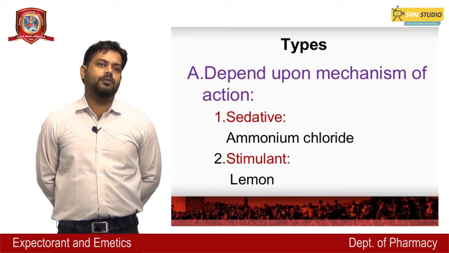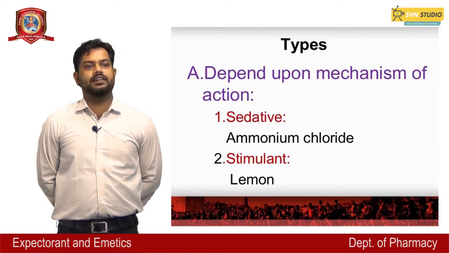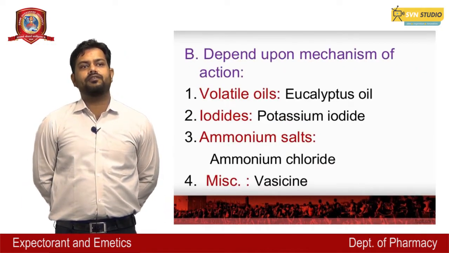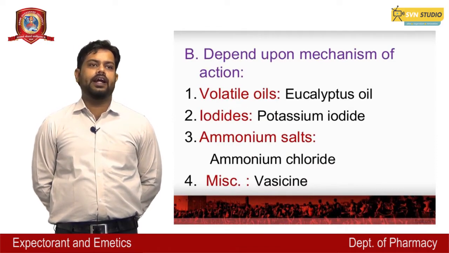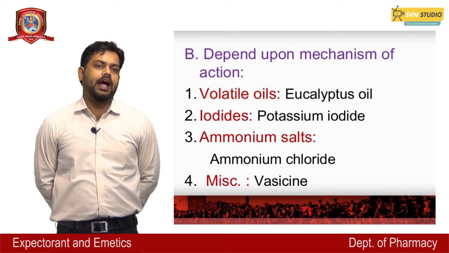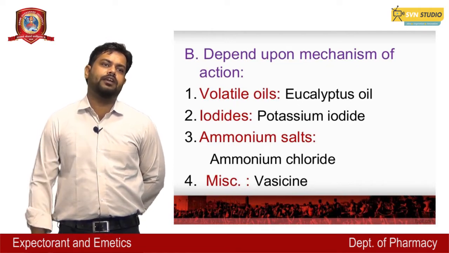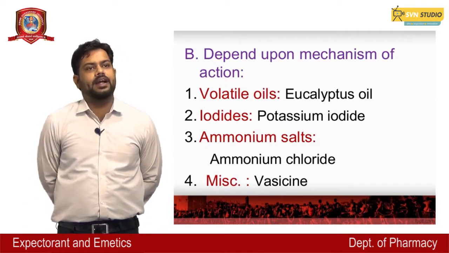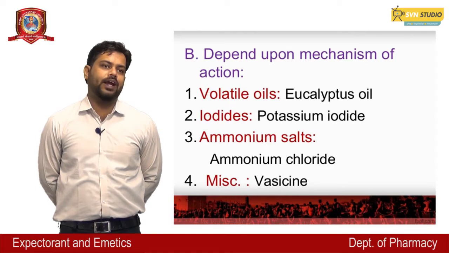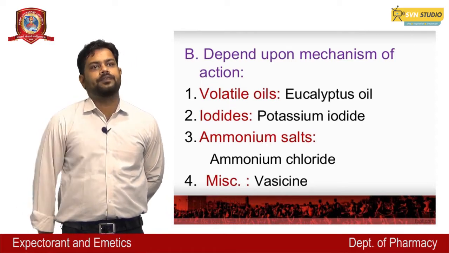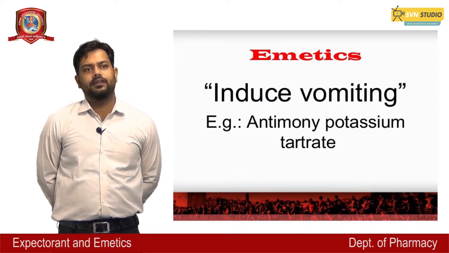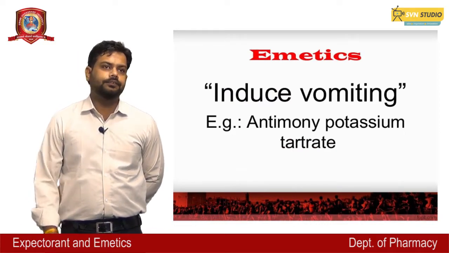In sedative we have ammonium chloride as an example, and in stimulant we have lemon. They may also be classified into categories such as volatile oil, that is eucalyptus oil; iodide, that is potassium iodide; third is ammonium salt, example ammonium chloride; and miscellaneous resin. Emetics induce vomiting, an example is antimony potassium tartrate.